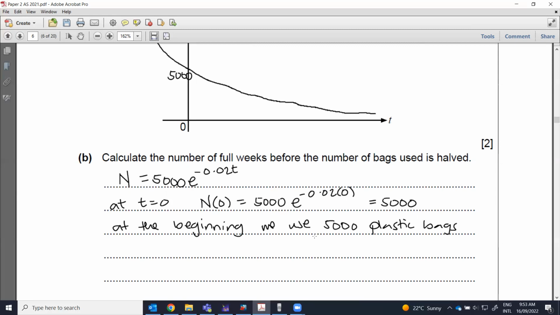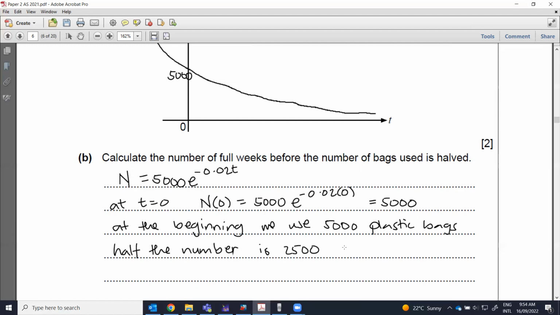So we want to find out when the number of plastic bags will be halved. So half the number, this is just half of 5,000. So half the number is 2,500. So we want to find out when will we be using half the number of plastic bags, or when will we be using 2,500 plastic bags.